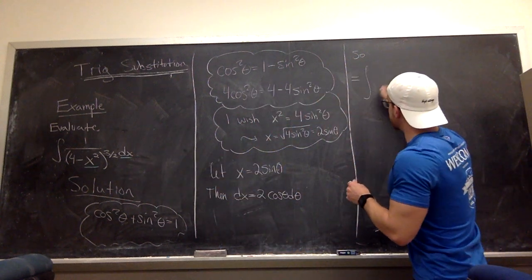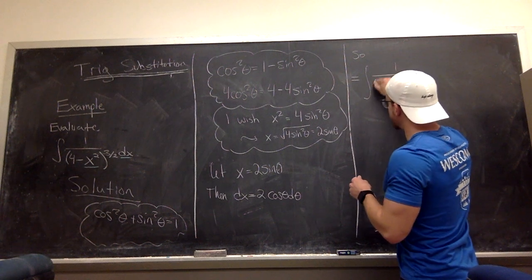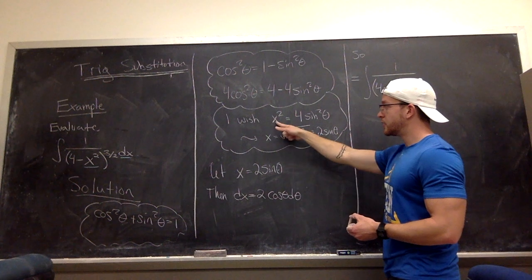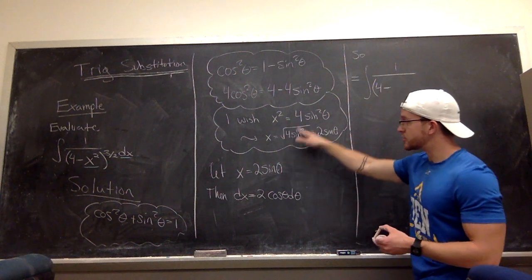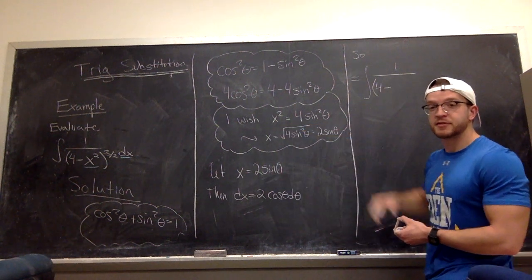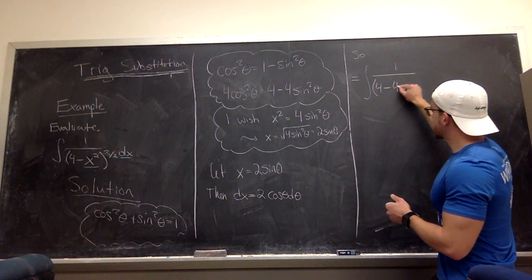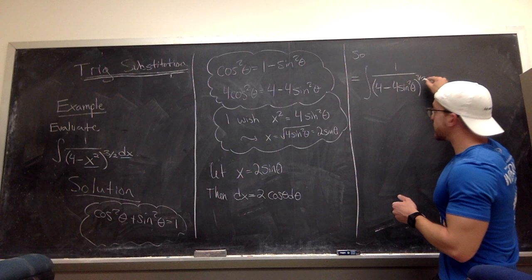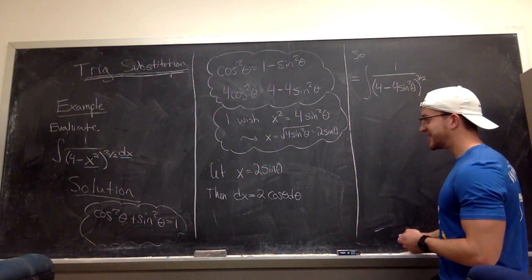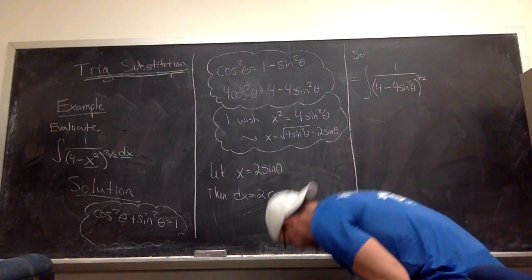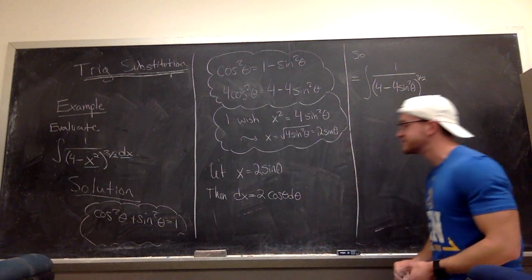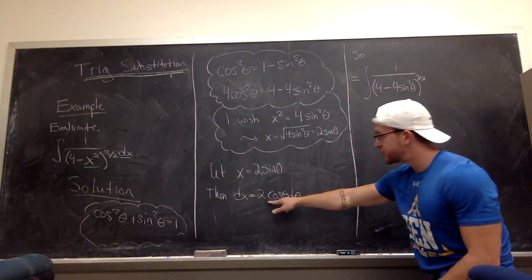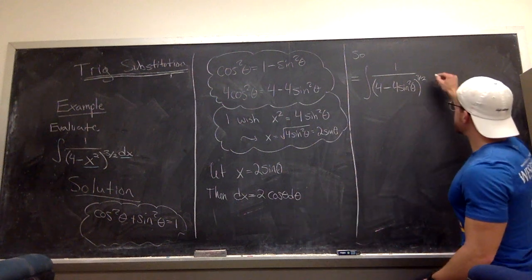We'll get the integral of 1 over quantity 4 minus x squared. By construction, x squared is 4 sine squared theta. Quantity to the 3/2. And then dx turns into 2 cosine theta d theta.